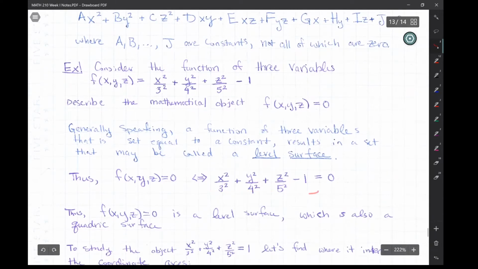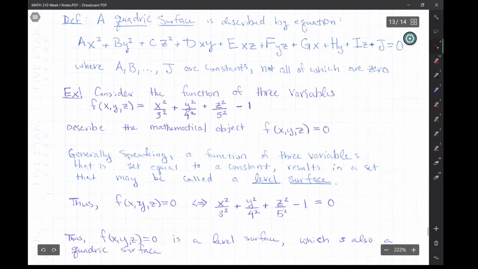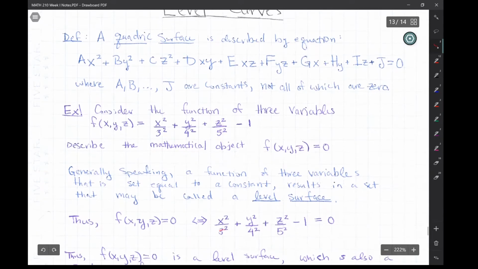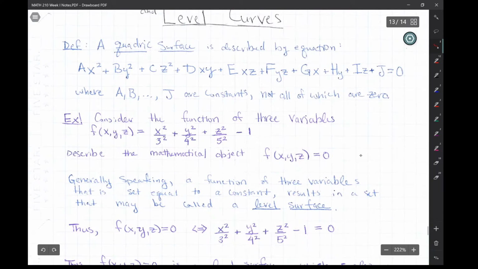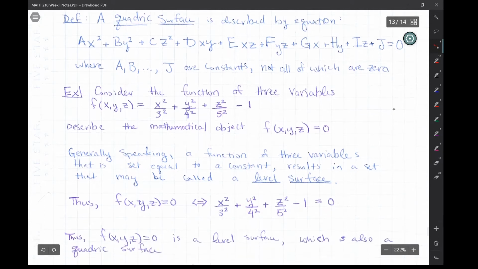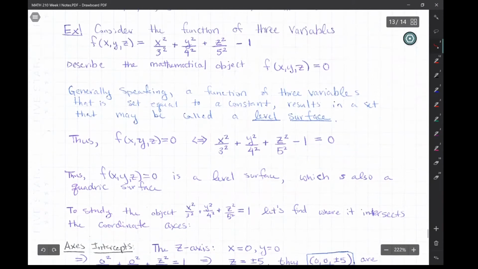So this is a quadric surface. A here, for example, would be 1/9 because of this 3 squared. I kept them squared for a reason, just to make things clearer, but you could definitely just consider that 9, 16, and 25. So yeah, this fits the bill. For us, j is equal to -1, and a, b, and c are given by 1/9, 1/16, 1/25 respectively, and we have then a quadric surface.